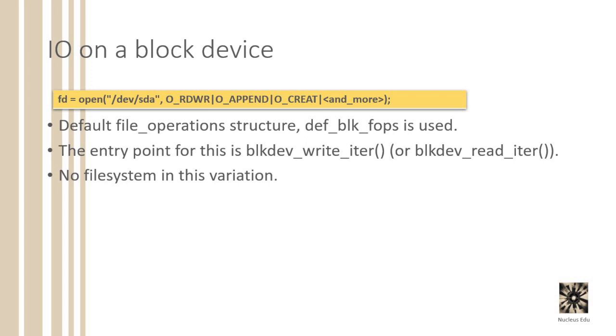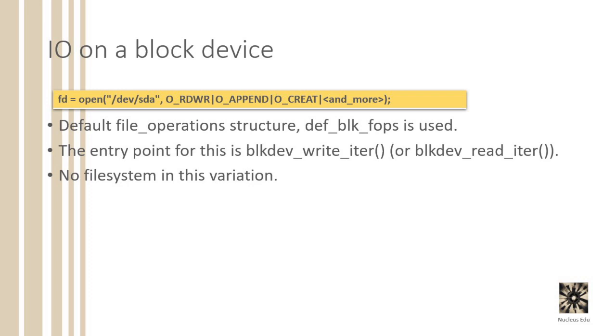I want to note again that in this variation there's no file system involved. There is a default fops, but there are a few things you would be missing if you use block devices like that.